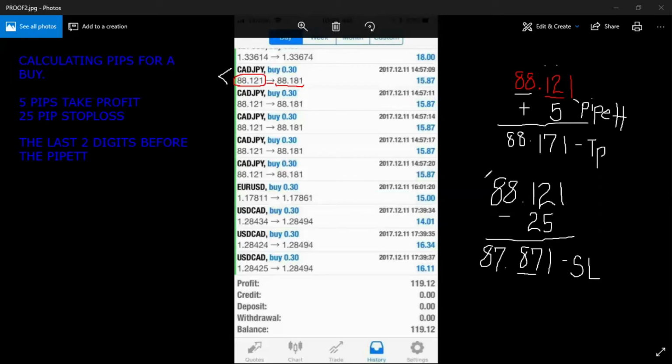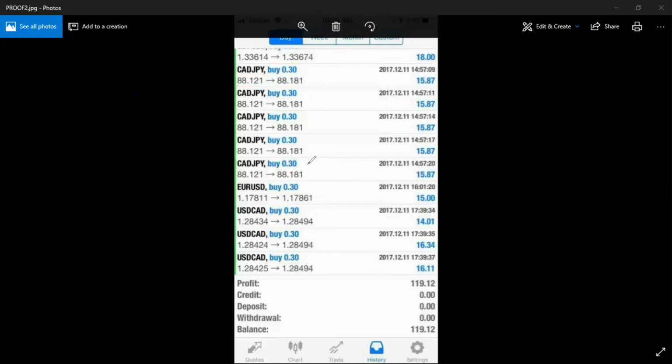Now, we're going to move over to a sale. So now we're going to just pretend that this CAD JPY is a sale instead of a buy. Let me make it visual.